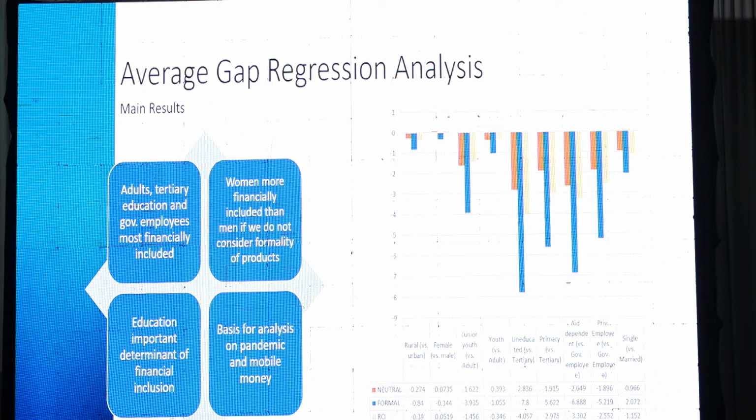So it means that education, age, and being, for example, employed in the public sector are much more important than other characteristics.